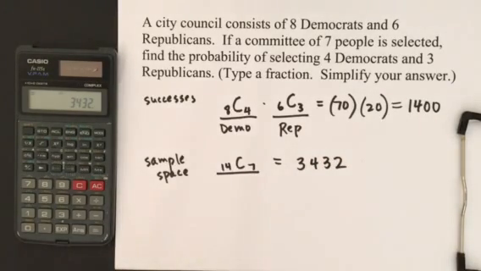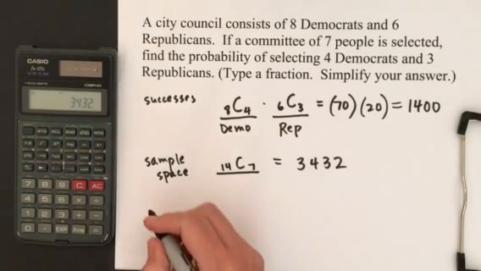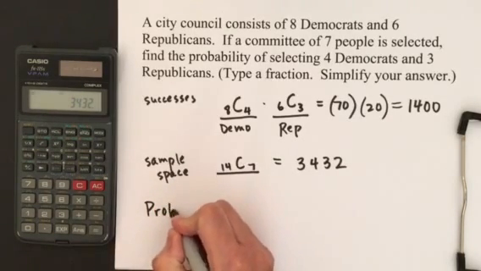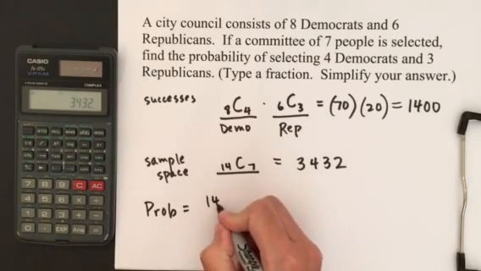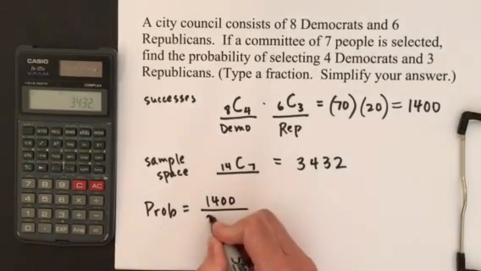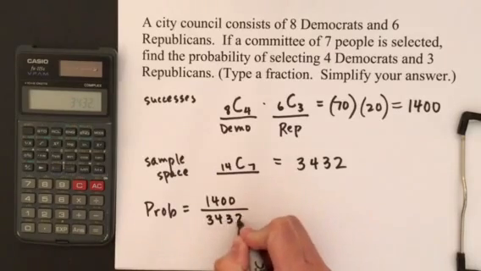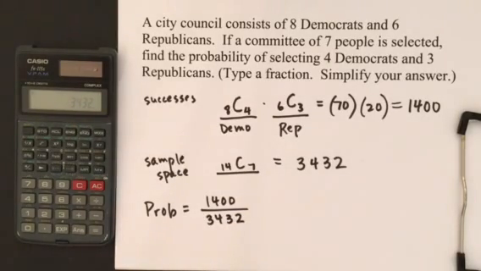The probability that we get 4 Democrats and 3 Republicans on the committee is going to be 1,400 over 3,432.